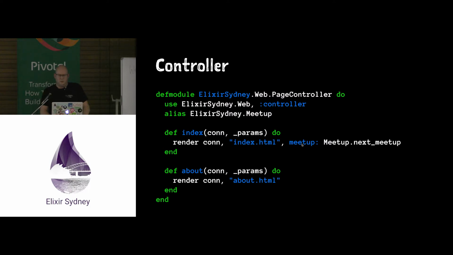So here we're passing the meetup. And the other nice thing about the controllers and views relationship in Phoenix is that everything's super explicit. There's no magical passing of instance variables from a controller down into the view. If you don't pass it in, you don't get it available to you.